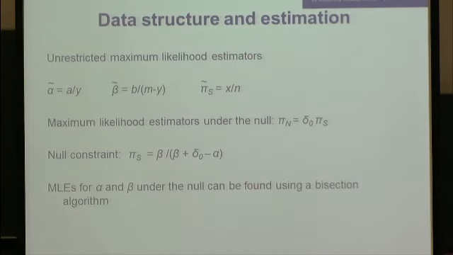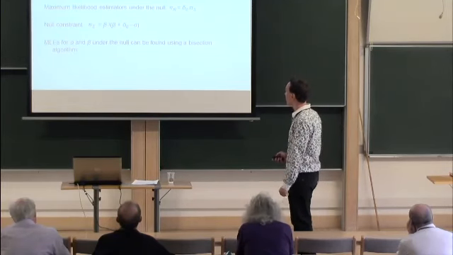Then I'm going to show some test statistics, of which all of them require the unrestricted maximum likelihood estimators, and some of them require the constrained maximum likelihood estimators. The unrestricted maximum likelihood estimators are easy. They're just standard maximum likelihood estimators for the binomial distribution.